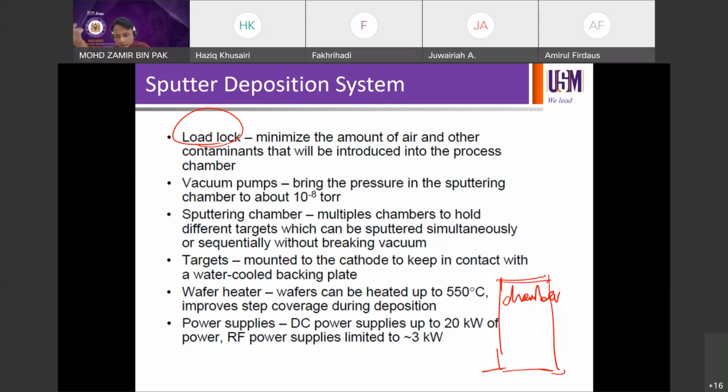Particles and whatever we have in the lab, particles and moisture and contamination, perhaps. The moment you open the chamber door, your chamber will then be at atmospheric pressure, 760 torr, and you have all sorts of contamination coming in, moisture, particles, and so on.